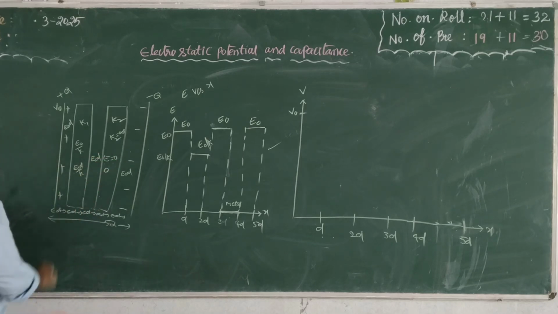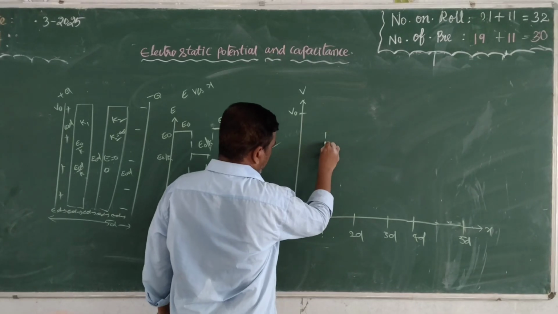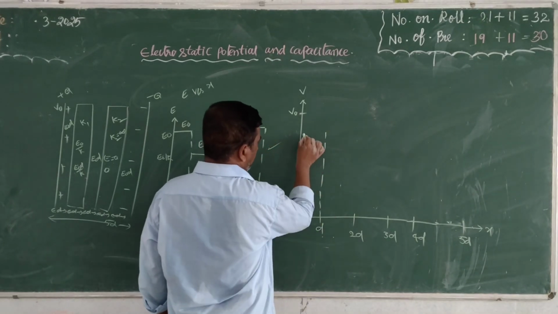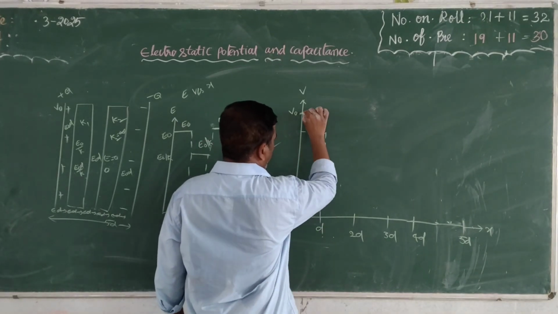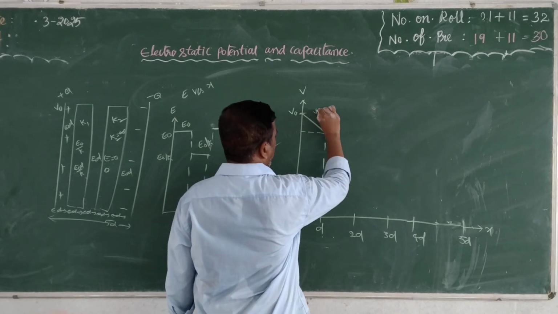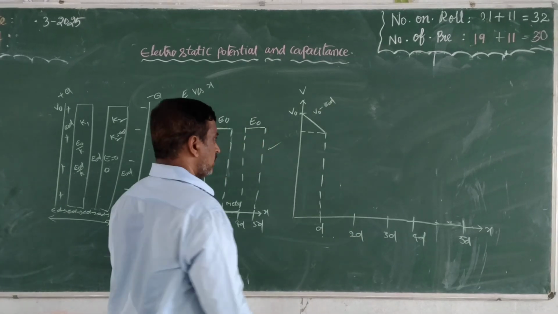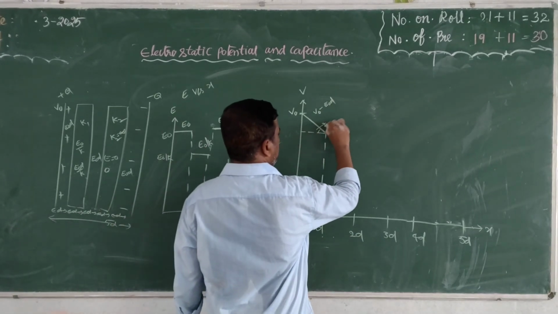First, the potential decreases from V naught to V naught minus E naught d, with angle theta 1.